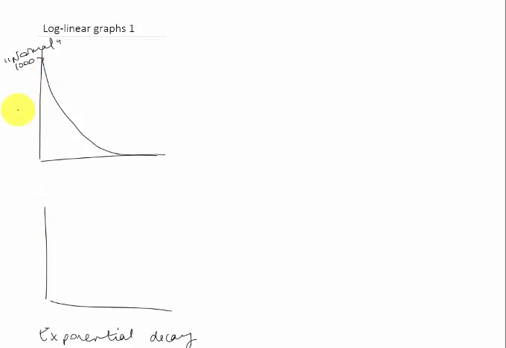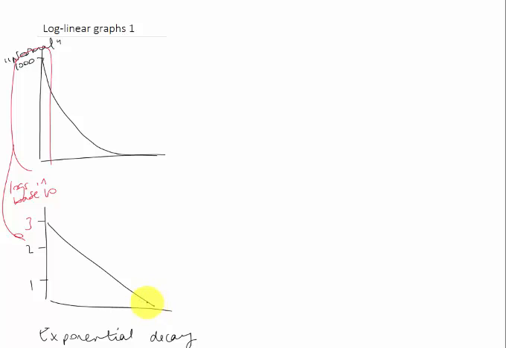But then if we take the logarithms of these numbers, then 1,000 would become 3, because we're in base 10. And then the logarithms, we're doing it such that the logarithms are evenly spaced out. And so in this case, the graph would be transformed, so we've got a nice straight line.